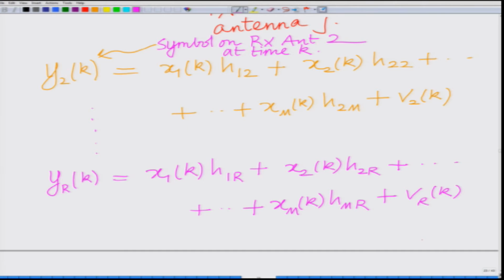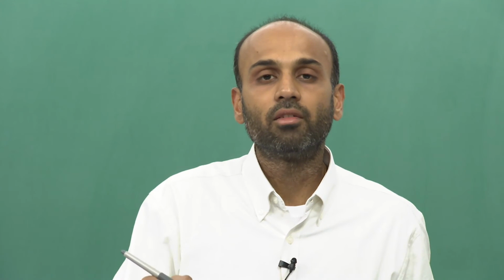YRk is the symbol received on receive antenna R at time instant k, alright. So now I have the relations for Y1k, Y2k up to YRk. I can now put these together as a vector, alright.